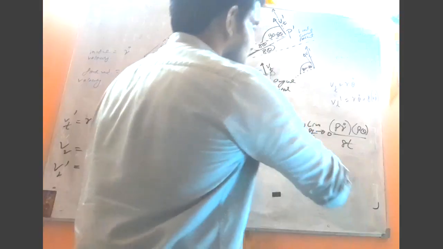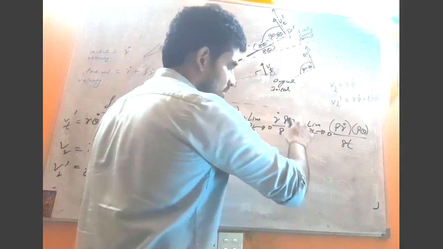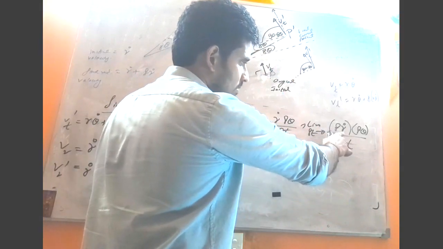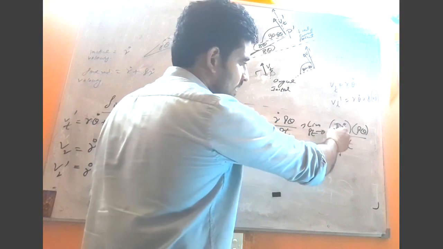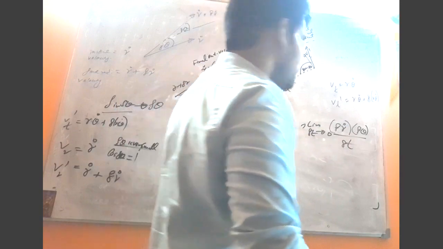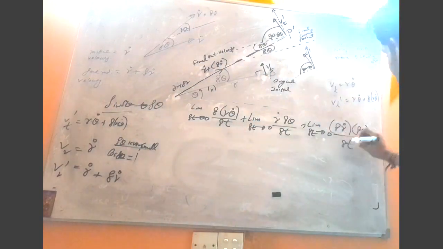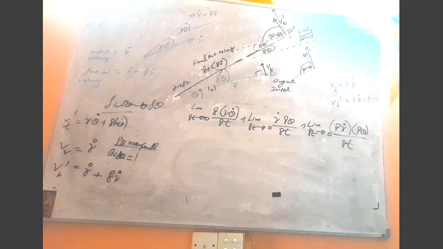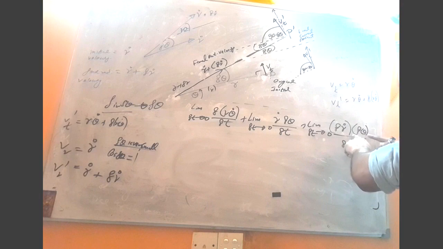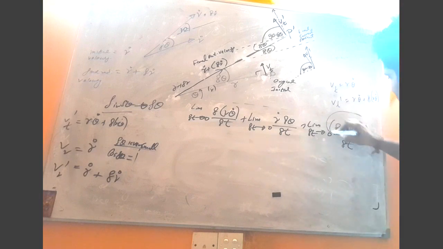So now here we have limit delta t tends to 0, delta r dot. Now this delta r dot is a complete component, right? Be very careful. So this delta r dot times delta theta can be considered as very small, right?